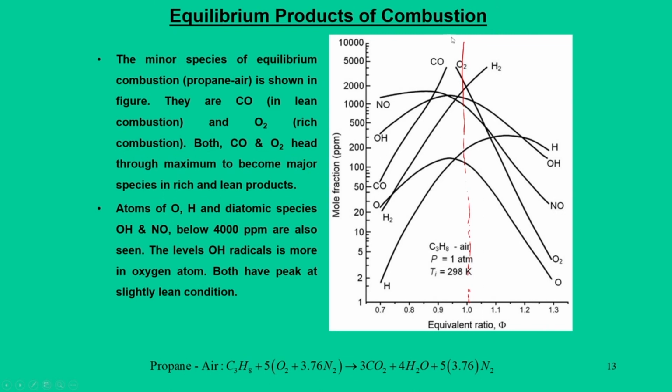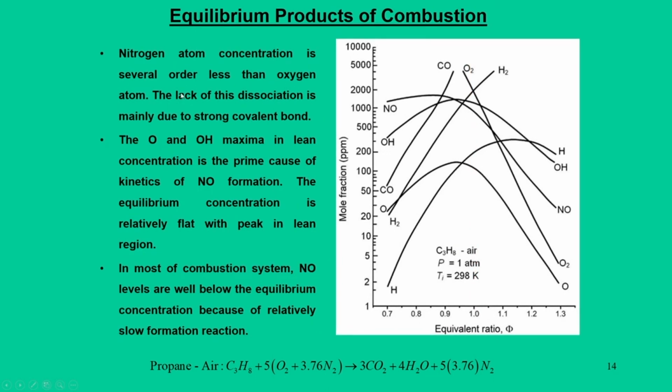CO concentration is mostly found when the mixture is lean, and of course, the oxygen atom concentration increases and then drops towards higher equivalence ratio, and these are regarded as minor species. Minor species means that their numbers are not critical since they are below 4000 ppm. Of course, for the nitrogen atom the concentration is several orders less than the oxygen atom, and we do not find significant nitrogen.